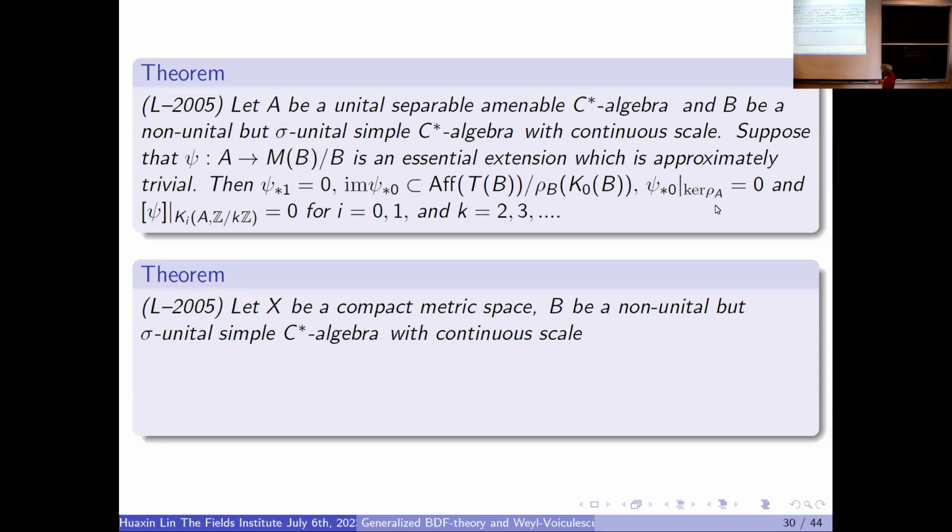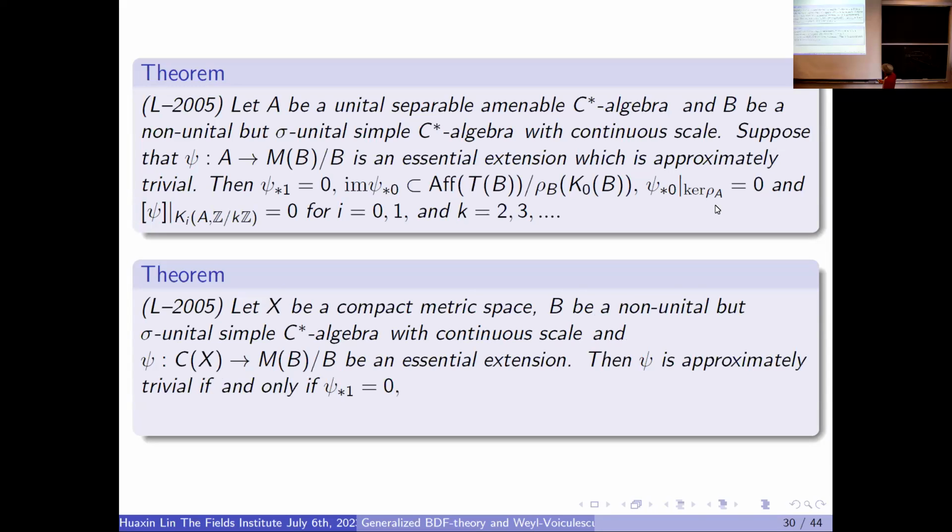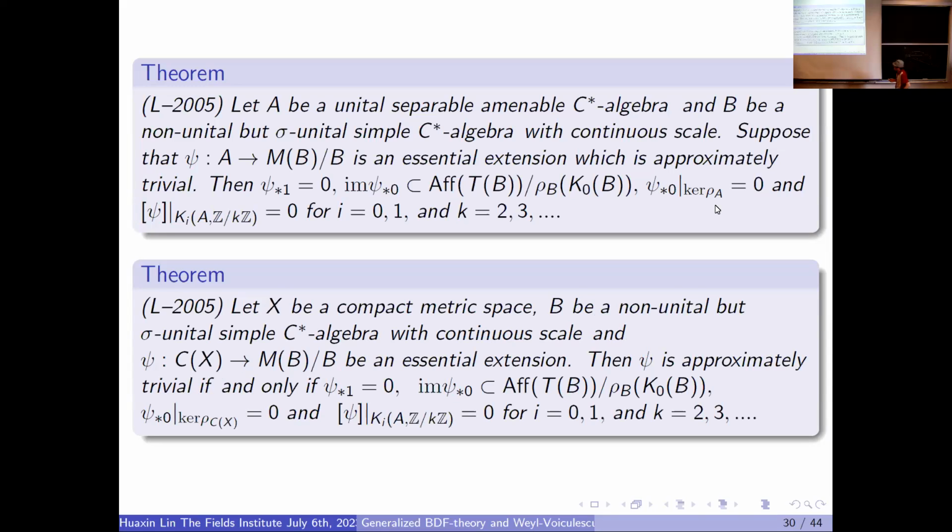In the commutative case, these are actually if and only if approximately trivial. But that is expected. Now you look at the KK or KL not as the original one, but we look at the KK of C of X to the Kroner algebra. Okay, so that is what is expected to have.